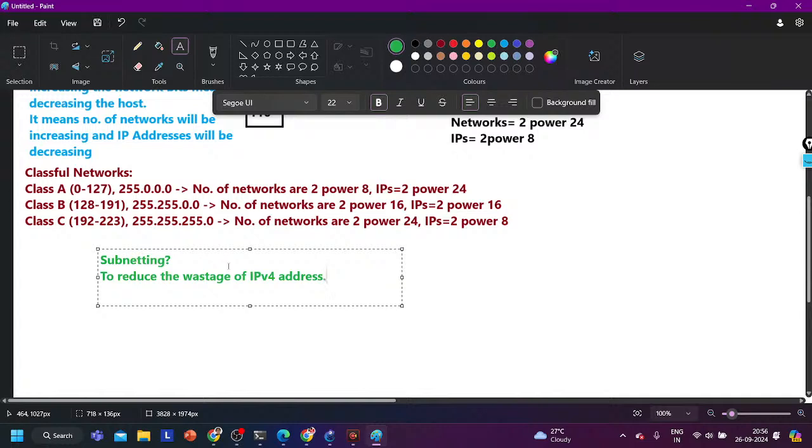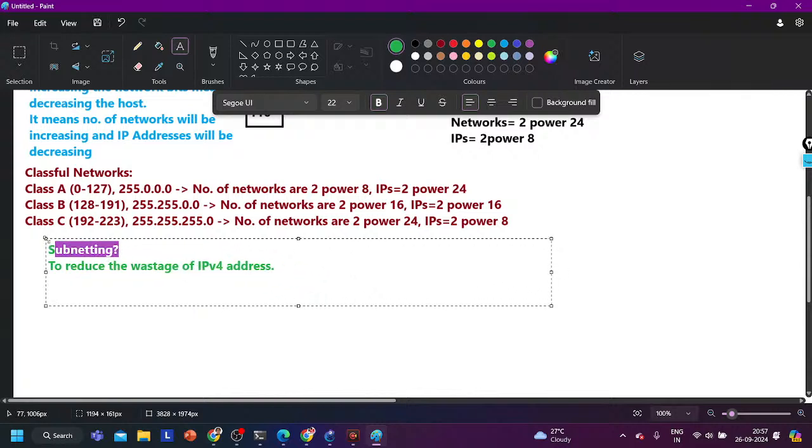Whenever we discuss any topic, first we will discuss what? Why. Then we will discuss what it is, and after that we'll see how, and then we'll do the lab of that topic. Why, what, how, lab, right? So why subnetting? To reduce the wastage.